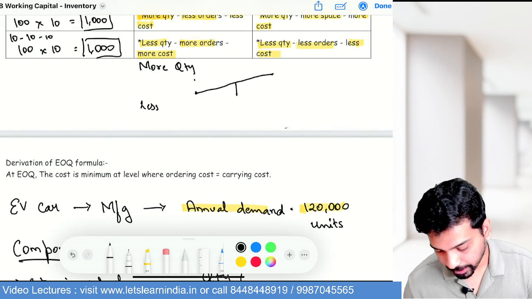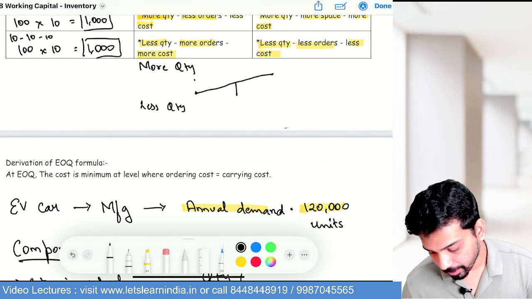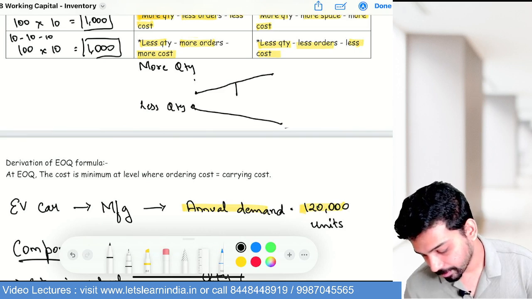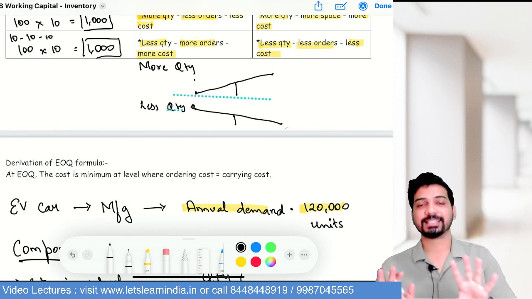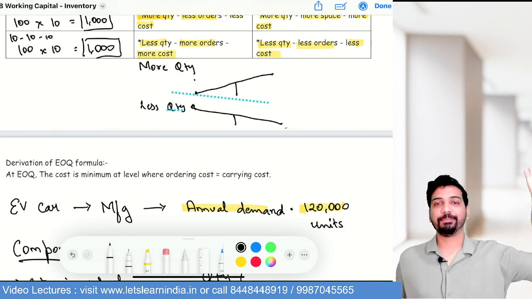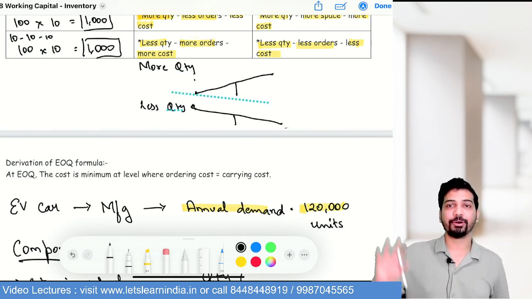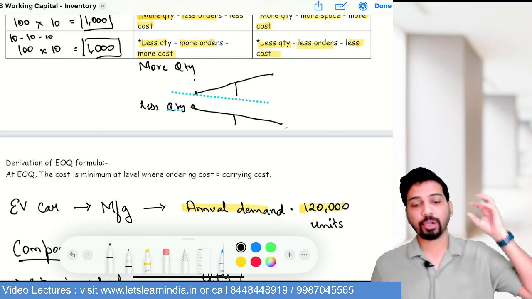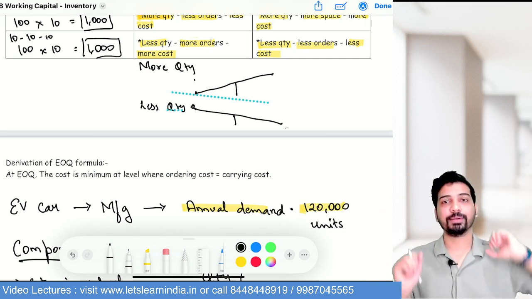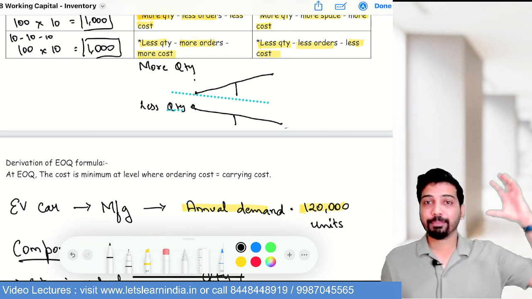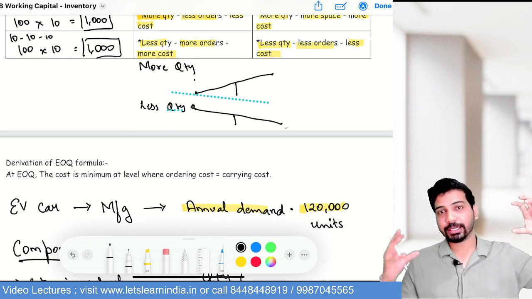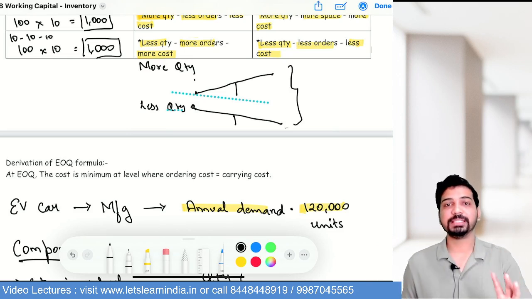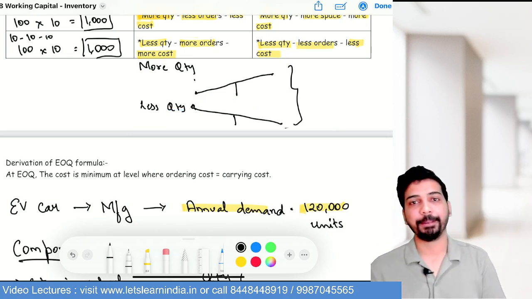Less quantity, you will have to pay more ordering cost and less carrying cost. So imagine this as a seesaw. More quantity, less ordering cost, and higher carrying cost. Whereas if you order less quantity, your ordering cost will increase and your carrying cost will go down. So this is a seesaw, which means there is an inverse relationship.